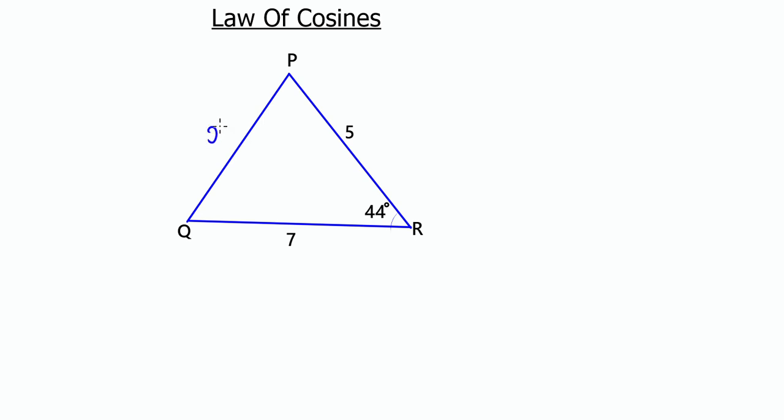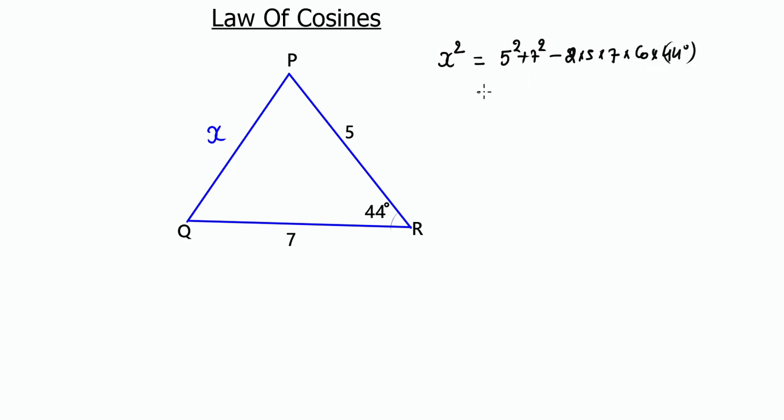Suppose I name it X. I want to find out the value of X. According to the cosine rule, X square is equal to the sum of squares of the other two remaining sides, 5 and 7, so 5 square plus 7 square minus 2 times 5 times 7, and then cos of the angle opposite to X. The angle opposite to X is 44 degrees, so cos 44 degrees.